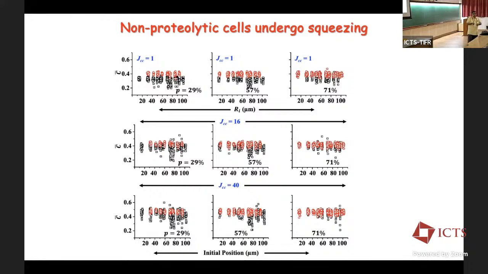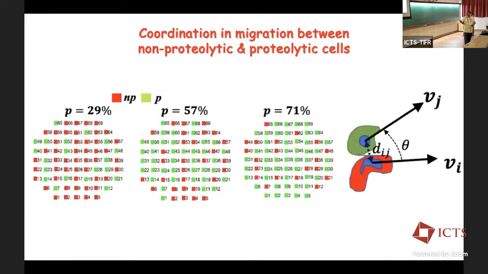So based on that, we thought, maybe the difference in physical properties of proteolytic and non-proteolytic cells is causing the proteolytic cells to squeeze past the non-proteolytic cells, if they were deep inside the cluster.